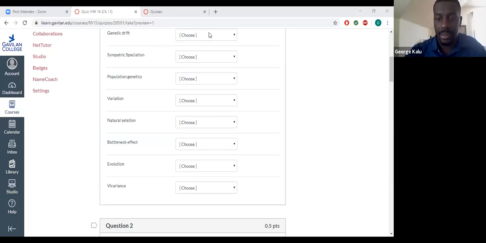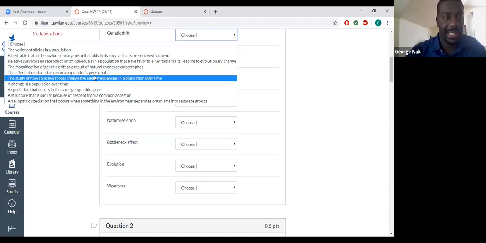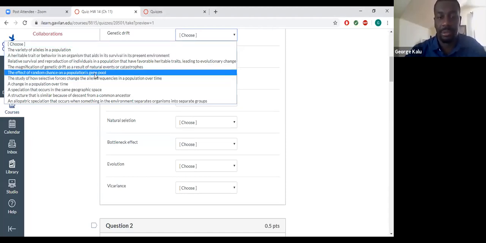Okay, so with genetic drift, how do we define genetic drift? Yes, Jackie, so it's the effect of random chance on a gene pool, right?